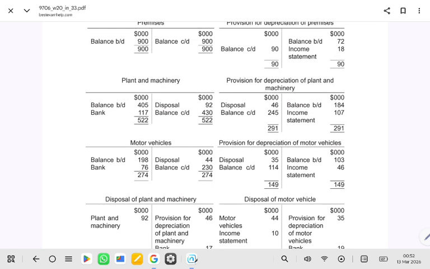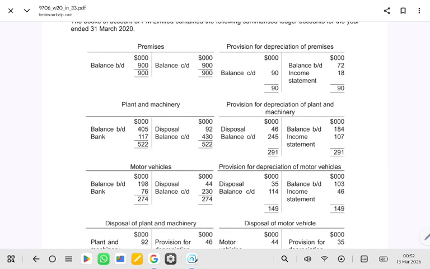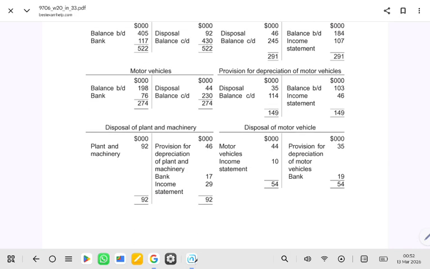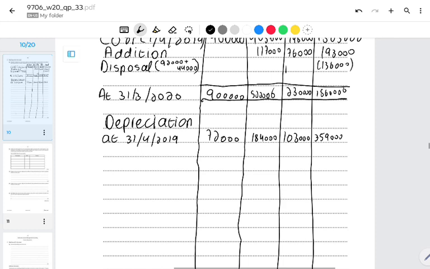Okay, so for provision for depreciation premises, they have charged 18,000 on the credit side, as you can see. For plant and machinery 107, and for motor vehicle 46,000. Okay, let's write it. This will be recorded as a charge for the year.